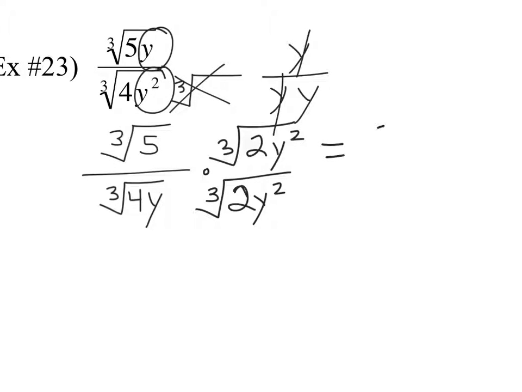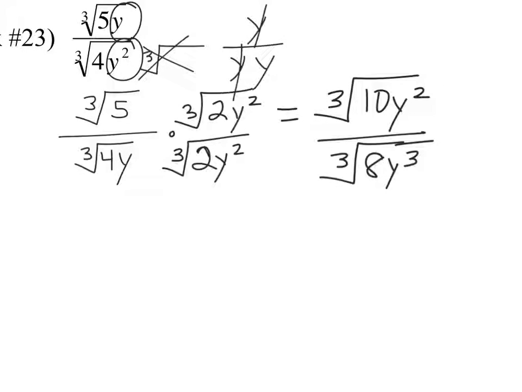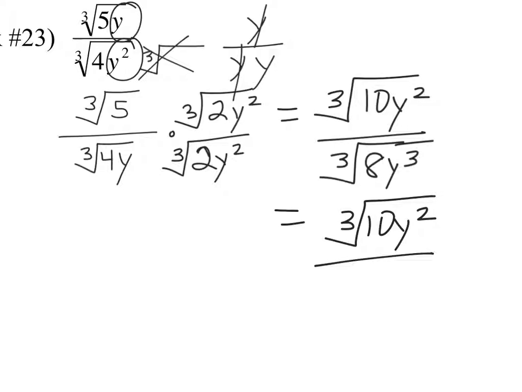We've got the cube root of 10y squared over the cube root of 8y cubed. And then to simplify that, the top is fine. There are no perfect cubes in 10 or y squared. And in the denominator, the cube root of 8y cubed is 2y.